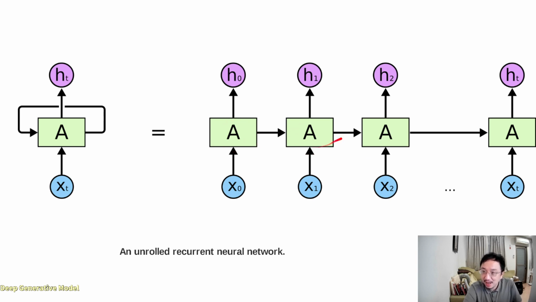Every layer has exactly the same structure and the same weight. They share the weight. So one way to view the unrolled recurrent neural network is as a big MLP with identical, shared layers.